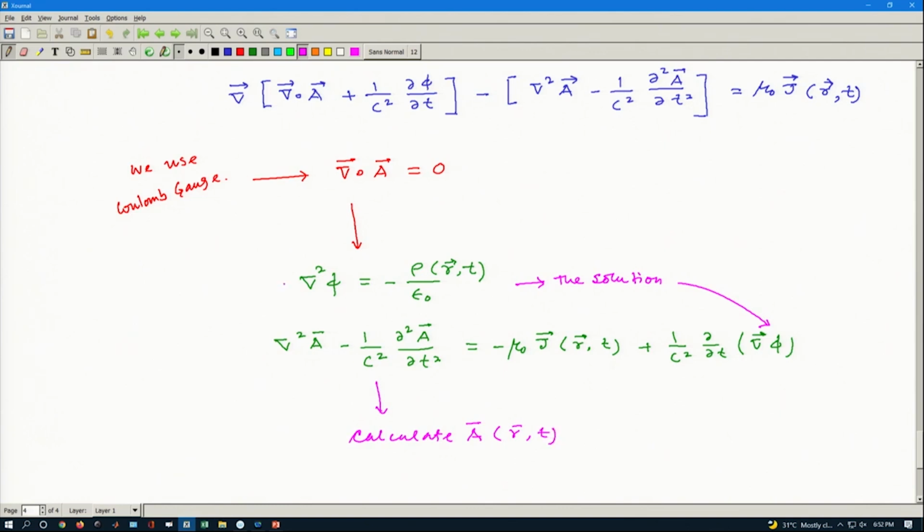So, the first equation gives the solution of phi, I put that phi here, and then I have a wave equation with a source term, which I solve to get my A. That is the recipe when we use the Coulomb gauge.